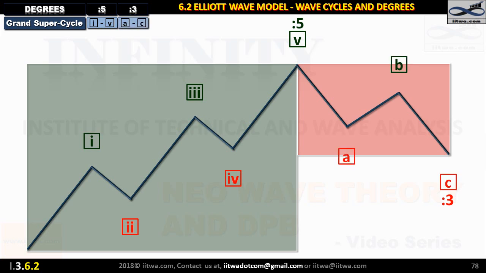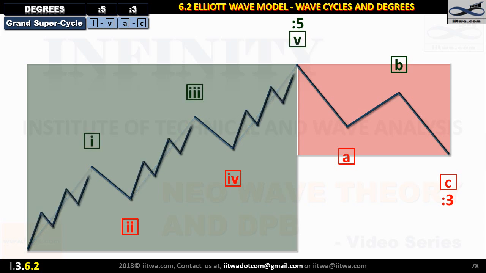Every impulse wave of grand supercycle degree, that is wave 1, wave 3, and wave 5, again subdivides into a 5 wave pattern of 1 lower degree wave. And every corrective wave of grand supercycle degree, that is wave 2 and wave 4, will subdivide into a 3 wave pattern of 1 lower degree.